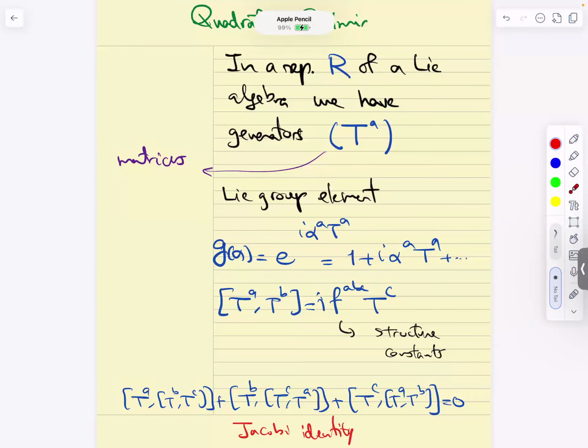Okay, I'm not going to give you the grand math answer because I don't understand the grand answer. But as a physicist, I'll tell you this. This is a Lie algebra, and you wanted to have a representation. Representation means that every TA, TB, TC is going to be a matrix. For any three matrices A, B, C, this is a fact about matrix multiplications.